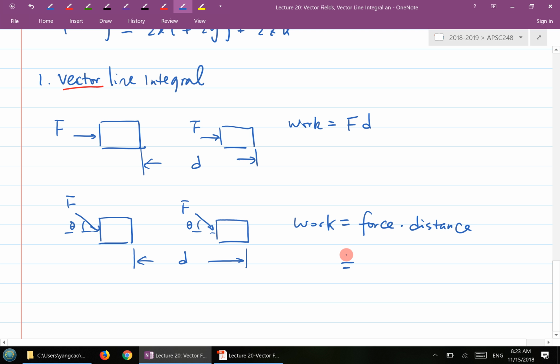Now this time I'm going to use vectors, instead of just the scalar quantities that you usually learn in high school. Force is a vector, displacement is a vector.